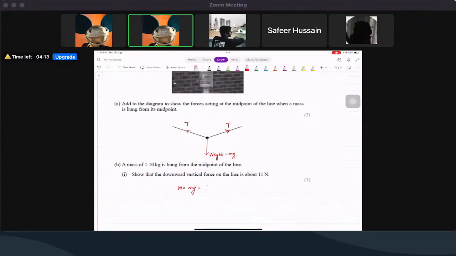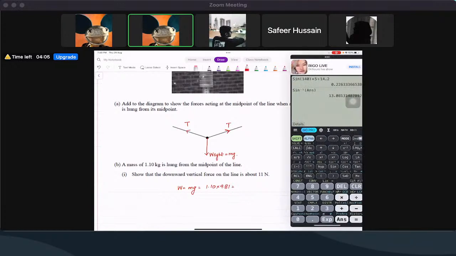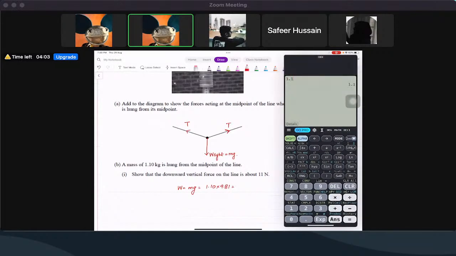The mass is 1.10 and 9.81, so that's going to be something like 1.1 times 9.81, so that makes it 10.791, which is basically about 11 newtons. Do you guys understand this? Yes.